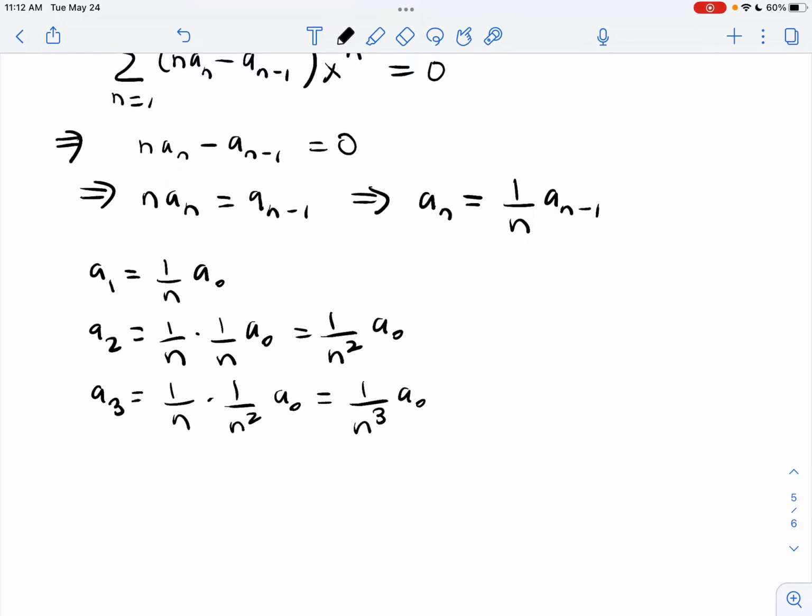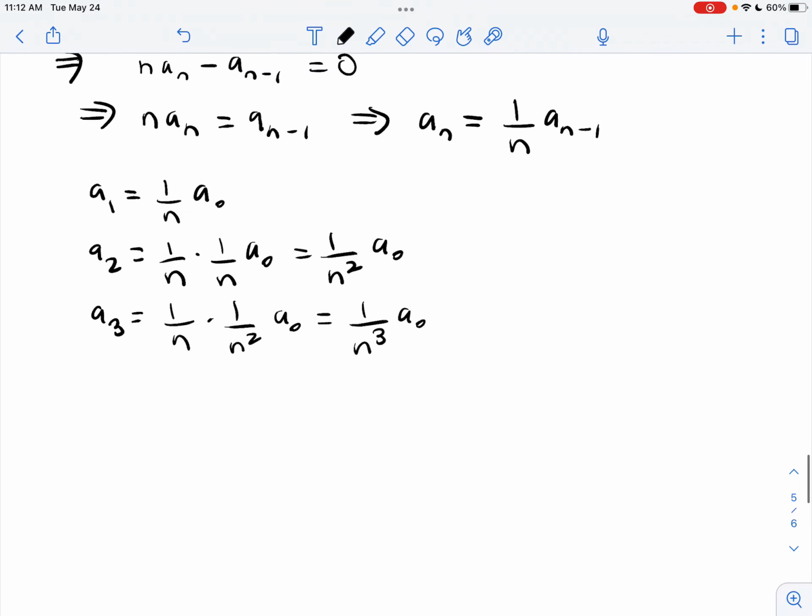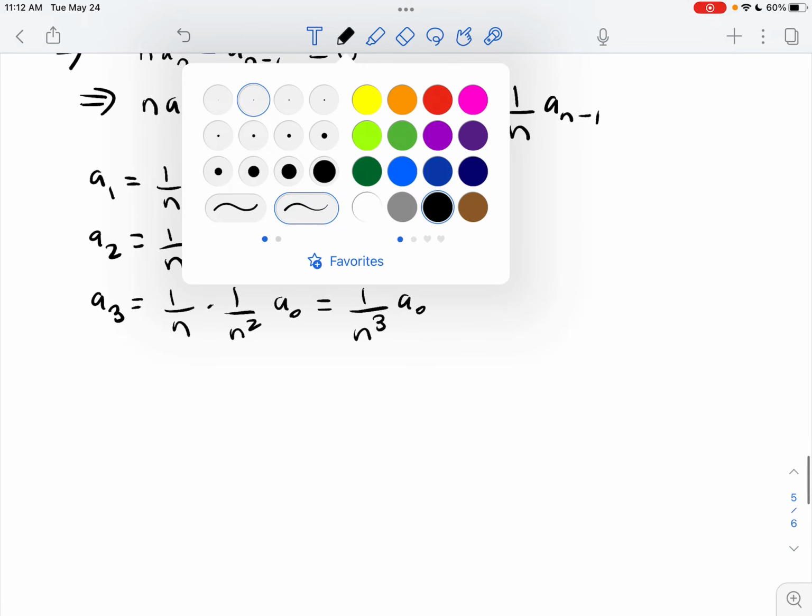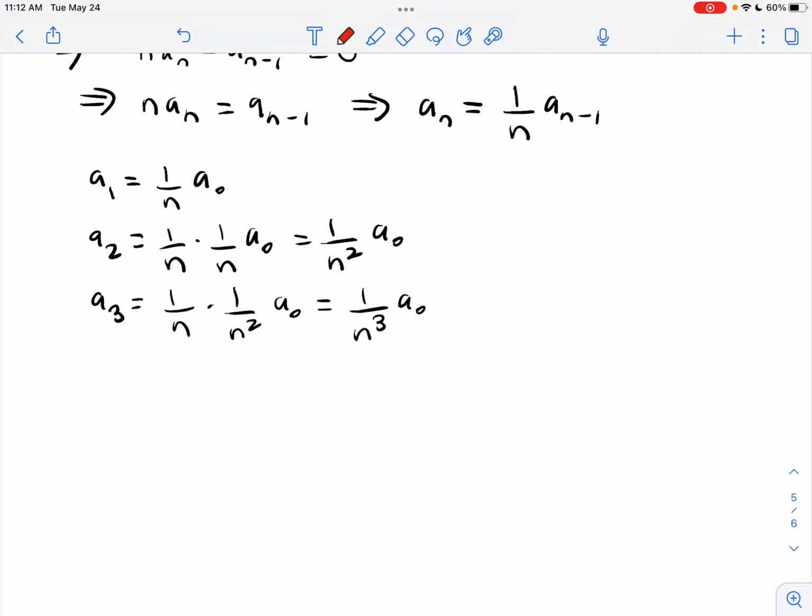We found a way to write all of the a's in terms of a0, and it seems like a_n is always 1 over n to that power.